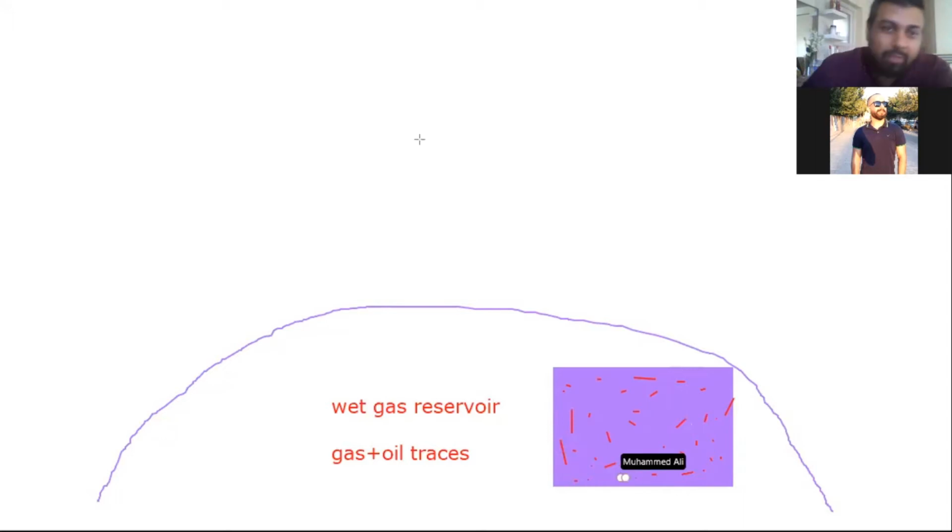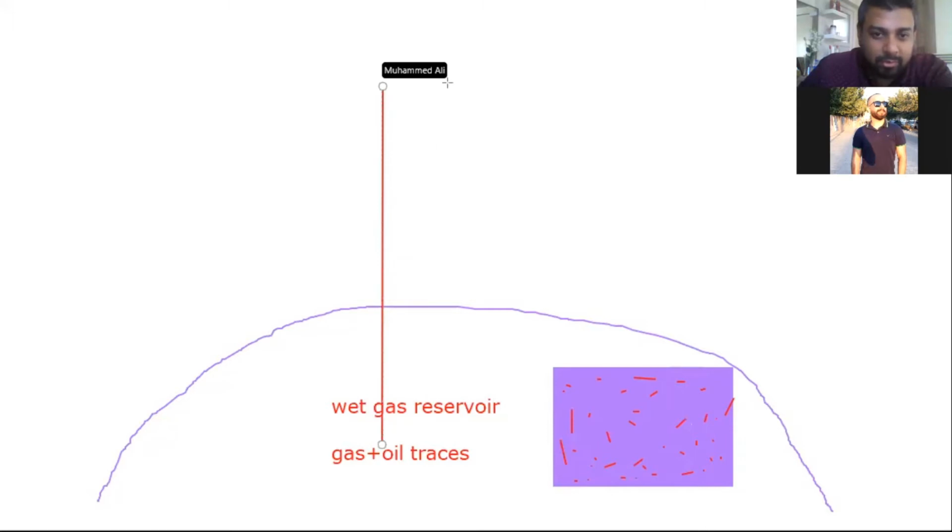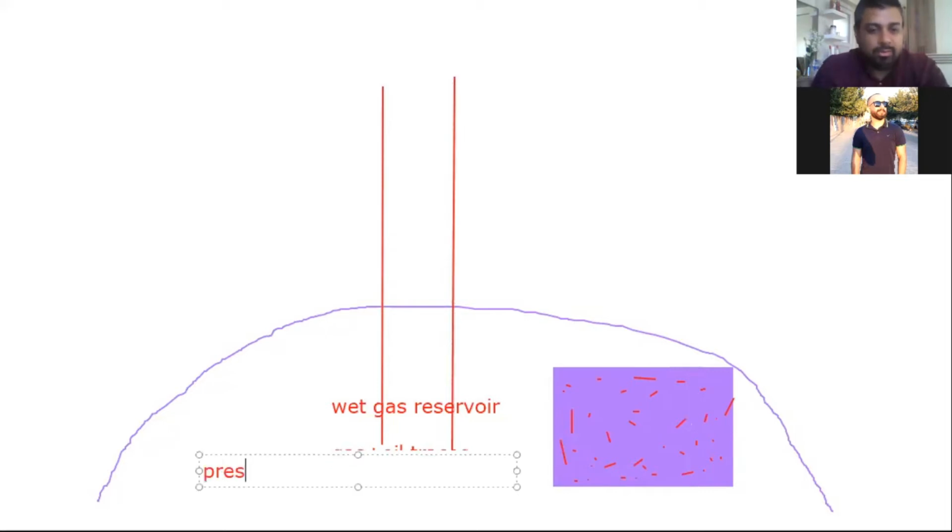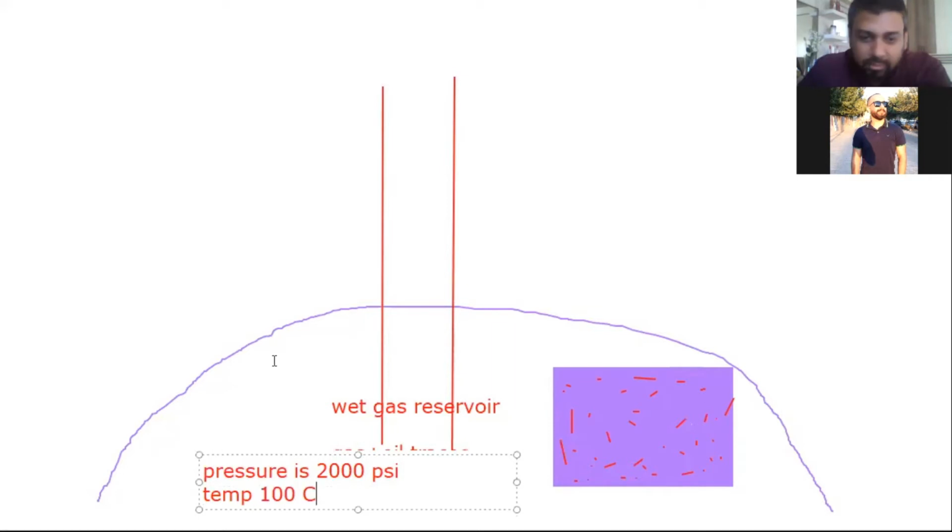Now as a drilling engineer, you jump in here and start producing this well. Remember, pressure here is 2000 psi, temperature is 100 degrees centigrade. This is the situation.